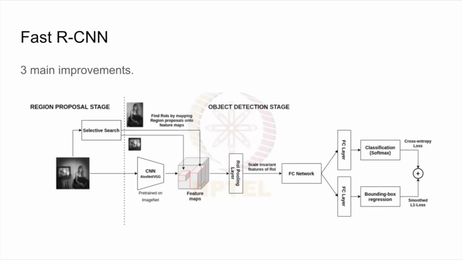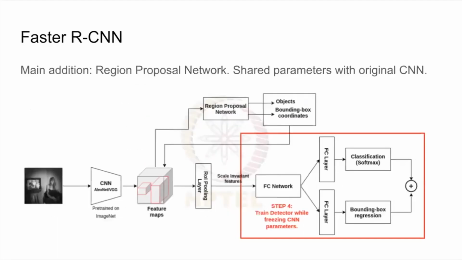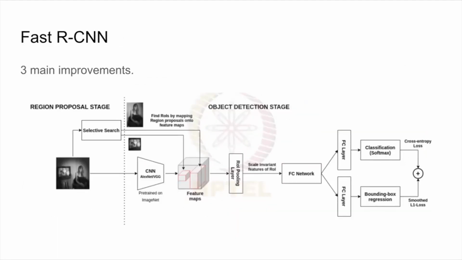So the improvements over the past model are: first, the region proposals are passed directly to the feature map; second, ROI pooling; and third, using a common FC network. These three things improved the performance of fast RCNN by a factor of I think 20. That's a huge improvement, right?